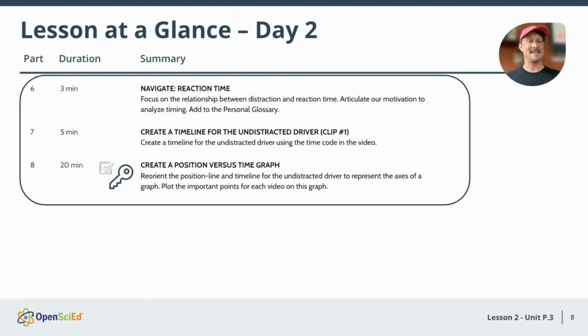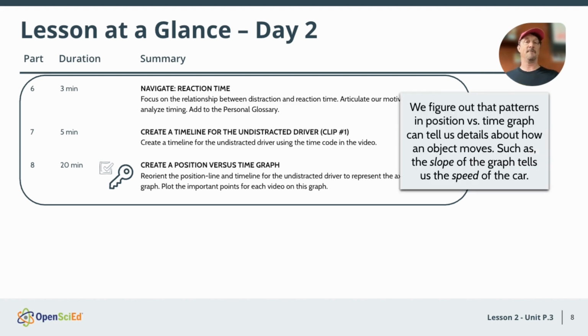So in the second section, we start to track that time data for those same 2 videos, and we ultimately make a position time graph for the undistracted driver as a class. And we figure out that patterns in position versus time graphs like this can tell us details about how an object moves, such as the slope of the graph tells us the speed of the car.